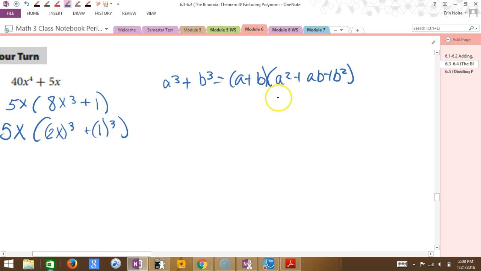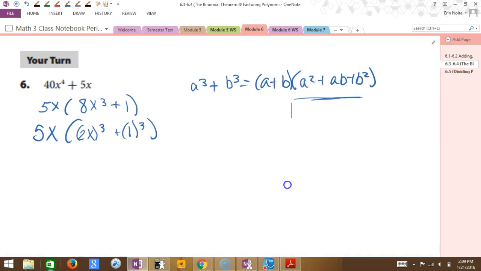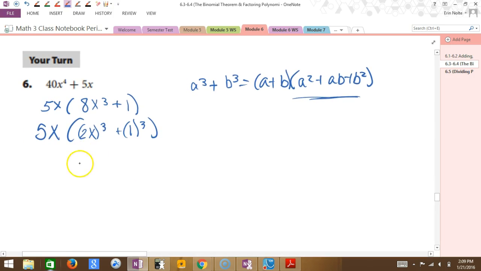So if you guys remember, this is the perfect square trinomial. So it's just the perfect square trinomial times a plus b. So now we have our a, we have our b, and we can plug it in, but make sure to not forget the 5x.